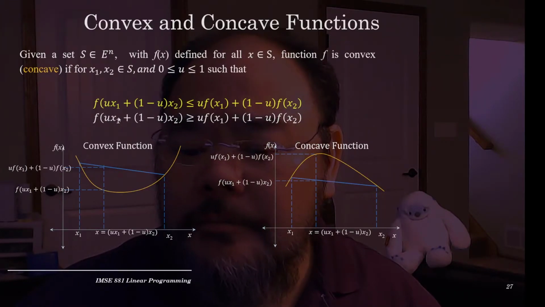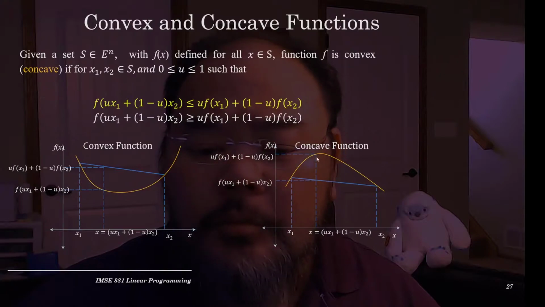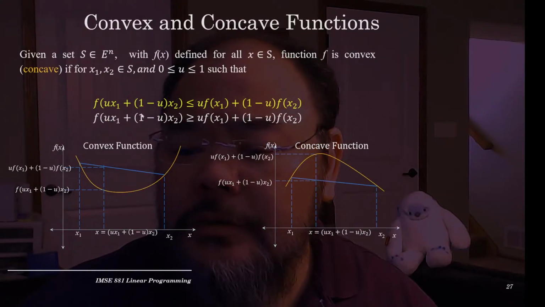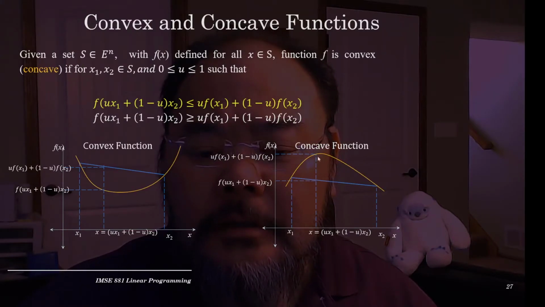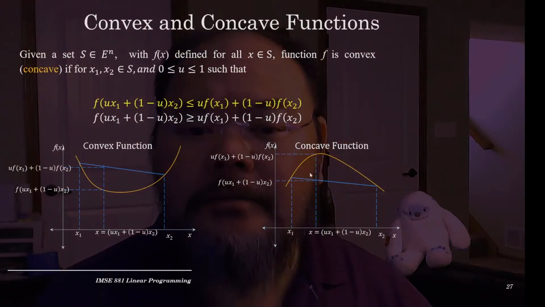However, for the second function, if the point we plug in x on this function, which is the left-hand side, is greater than the line segment between these two f of x, so they're always higher than this point, then this is a concave function in that regard.